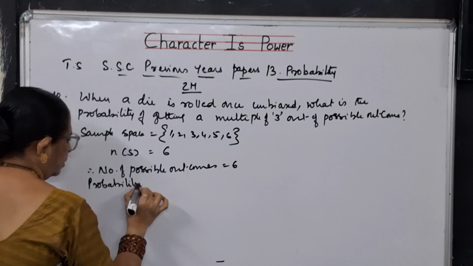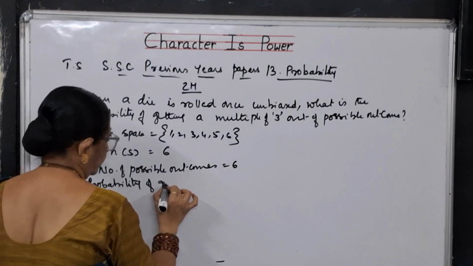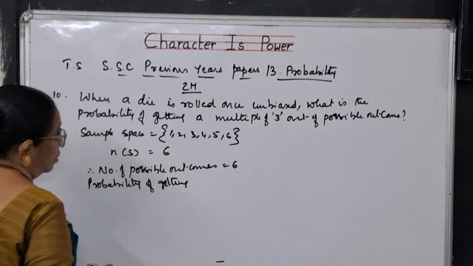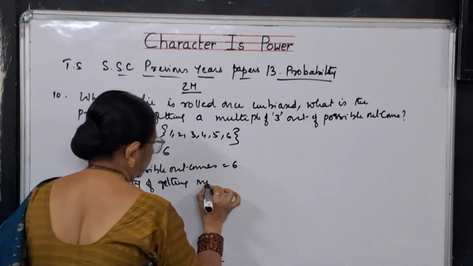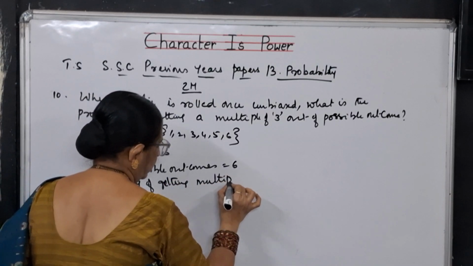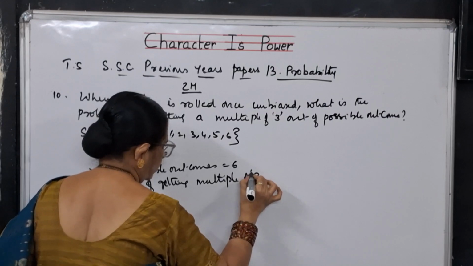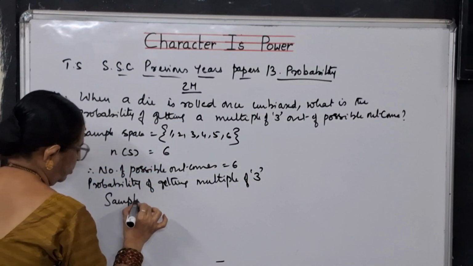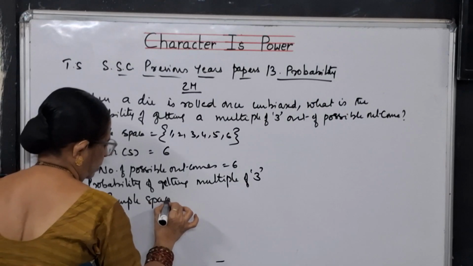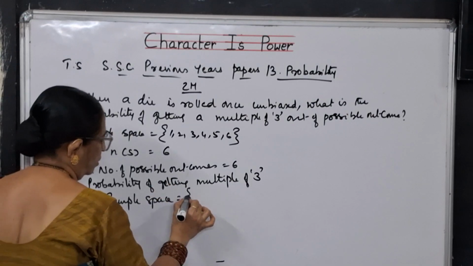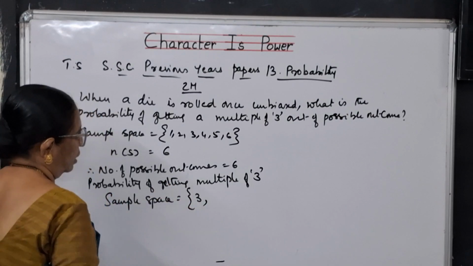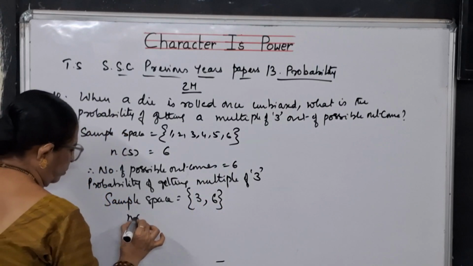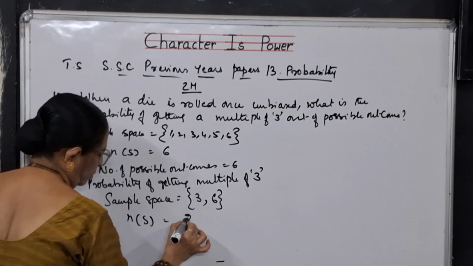Now, probability of getting a multiple of 3. So, what is the sample space here? Multiple of 3. Of course, 3 ones are 3. Again, 3 twos are 6. So, n of s is equal to 2.